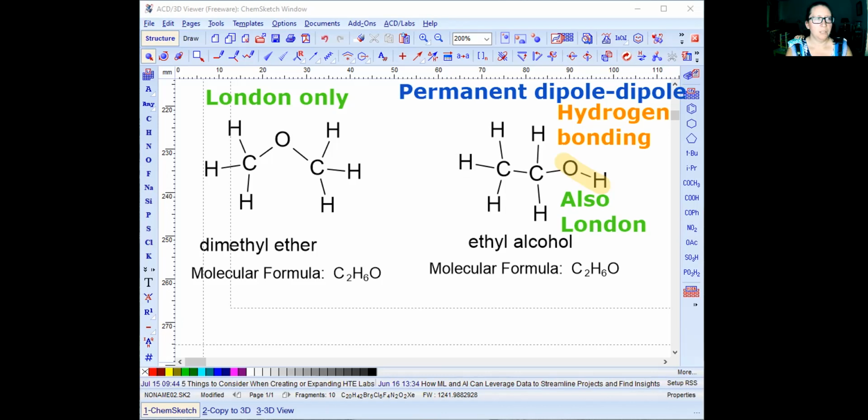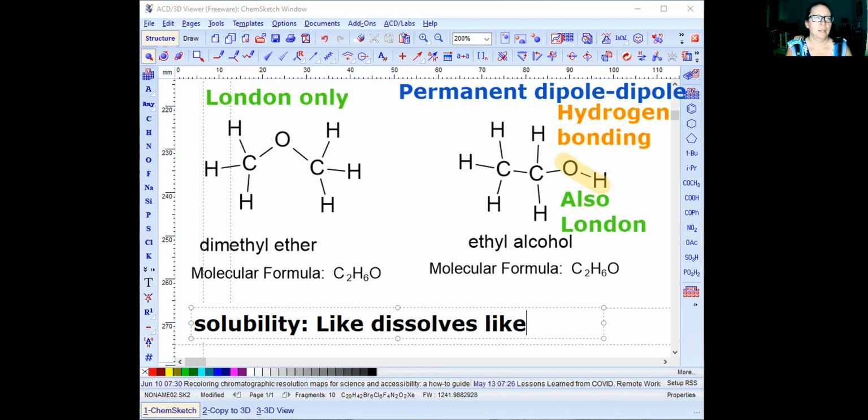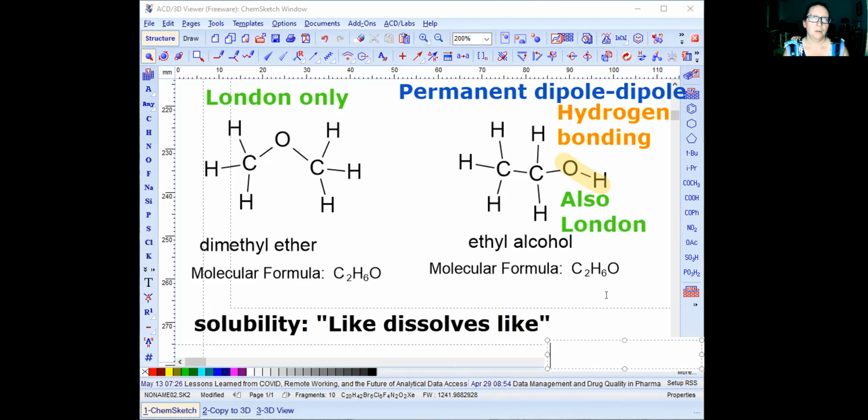So for solubility, we use the rule of thumb that is called like dissolves like. And what that means is that two substances need to have a lot in common in order to be soluble. And we're asked, which one of these molecules would you imagine is expected to be more soluble in water?